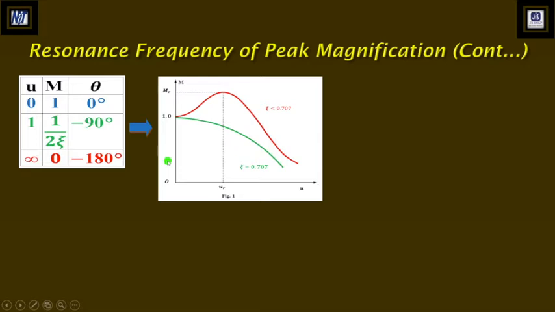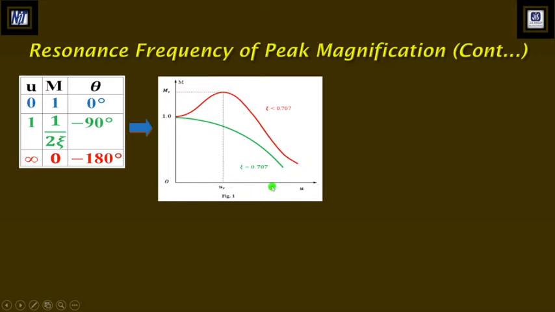Then draw the figure, magnitude versus u. When u equals 0, the magnitude is 1. When u is 1, the magnitude is 1 by 2 zeta, where we consider zeta equal to 0.707. So this is the curve, and when zeta is less than this value, then we get this curve.